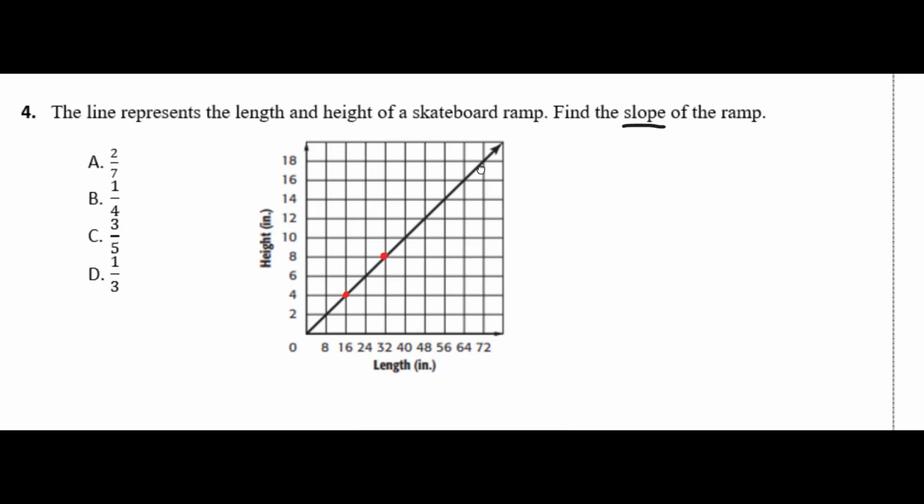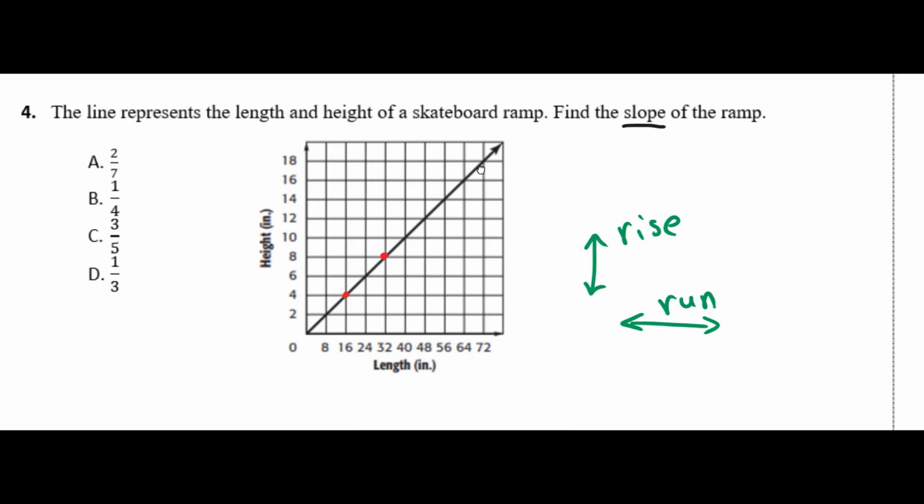What should we do next? You should move from one point to another point. For example, you can only use the moves up and down, and also you can move run right and left. This is rise and this is run. You can't go like this. It's only go up or go down, go right or go left.